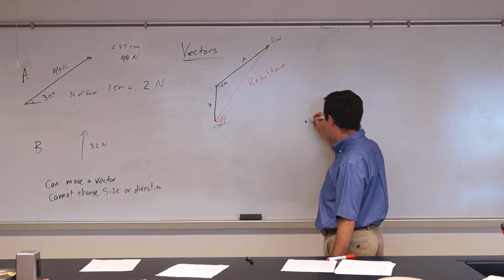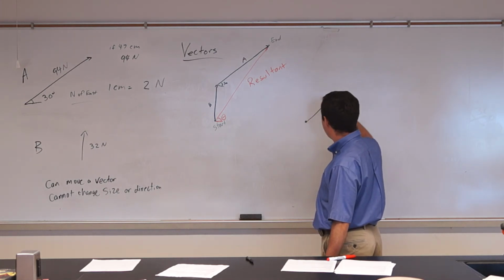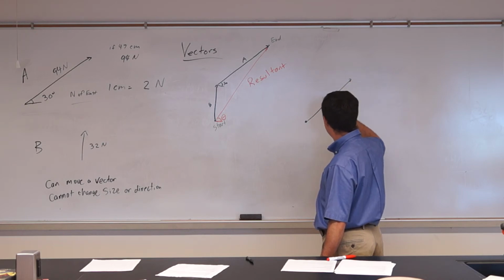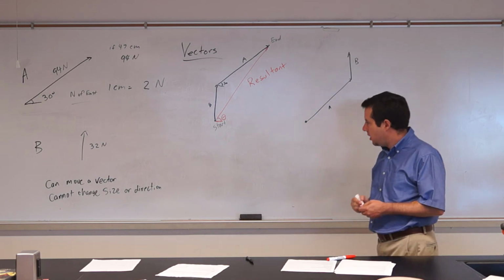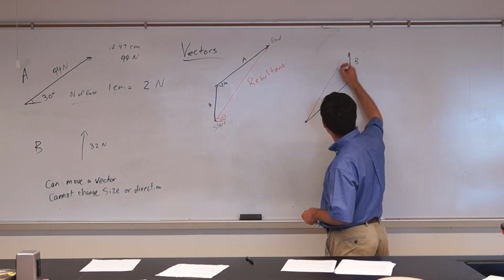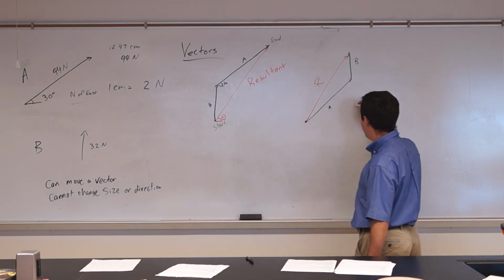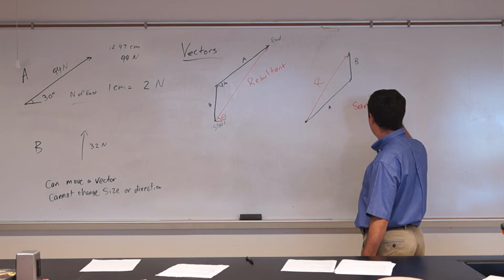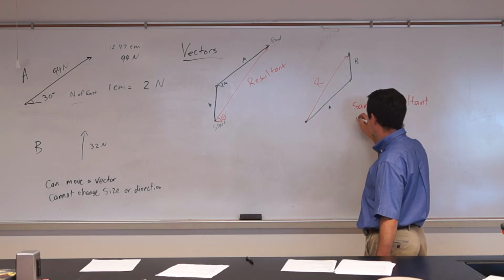So let's say I pick a different starting point here, and I'm going to add A plus B. Well, I can do it graphically by going A, B, switching the order of them, and what I find is that the resultant R is exactly the same. So you get the same resultant regardless of order.